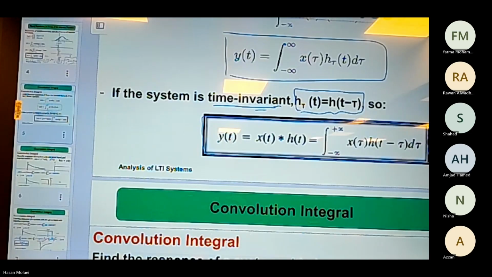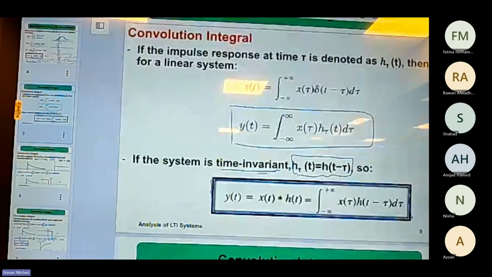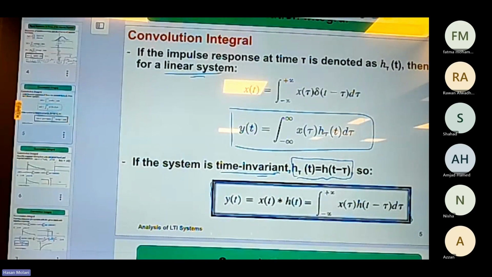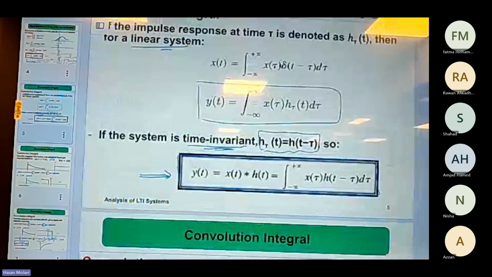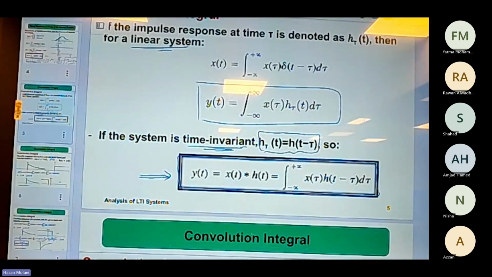We had two conditions: first, the system is linear; second, time invariant. If the system is linear and time invariant, we are allowed to use the expression we call convolution for an LTI system.